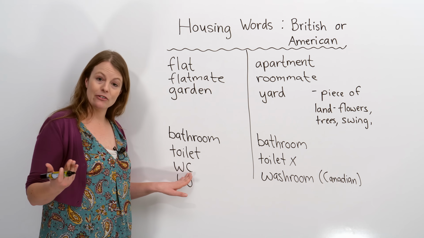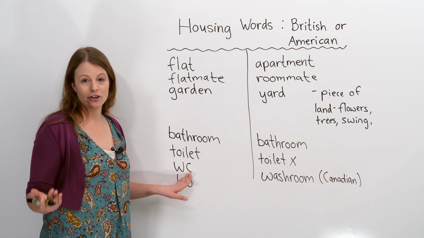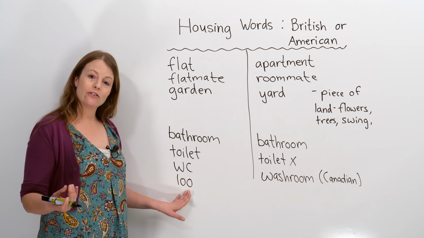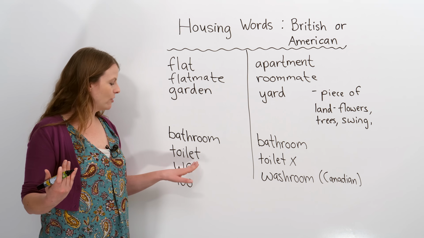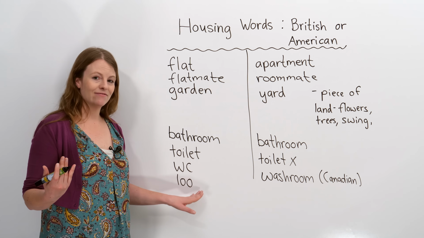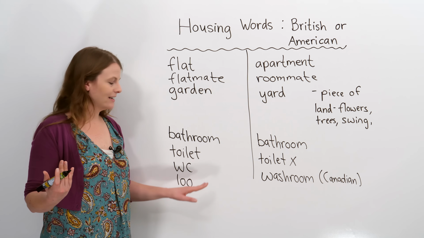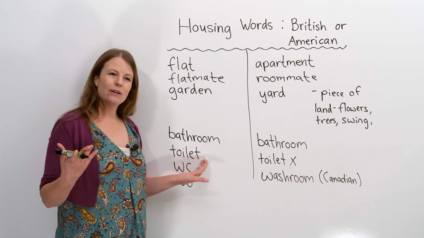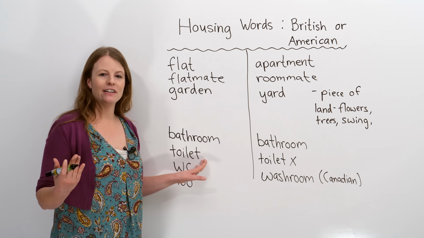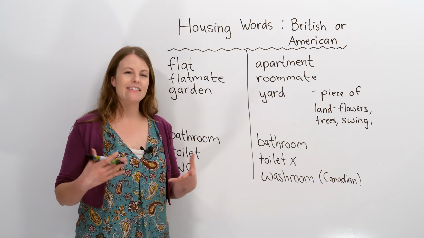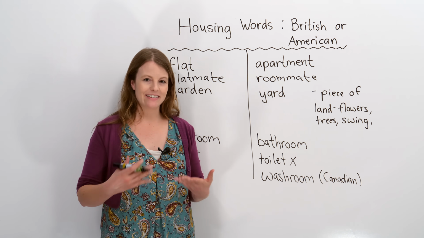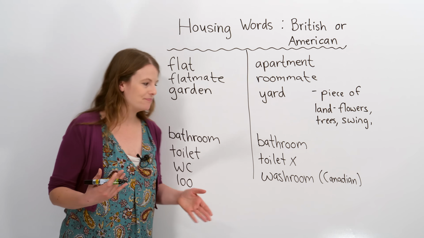You might use WC, which stands for water closet, or you might use the word loo. In North American English, we don't use WC. We don't use loo, really. We often try to avoid using the word toilet. So it's a word we try not to say in conversation as much.